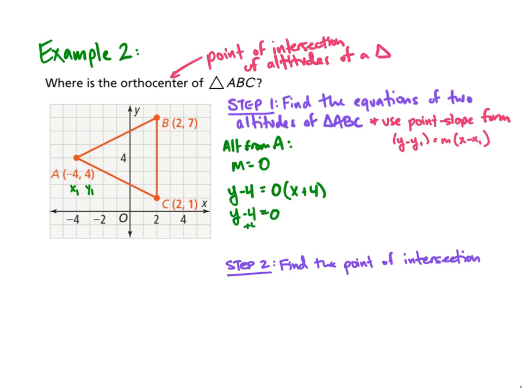Now I'm going to add 4 to both sides, and my equation for the altitude from A is simply y equals 4, which makes sense, because the line y equals 4 has all the points where the y has to be 4, so it includes -4, 4, and -3, 4, and -2, 4, and -1, 4, and so on. This altitude from A is going to look basically like that. And it comes over and makes a right angle. So there's our altitude from A.